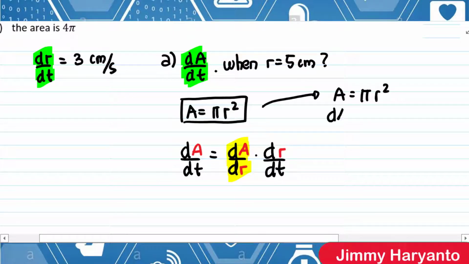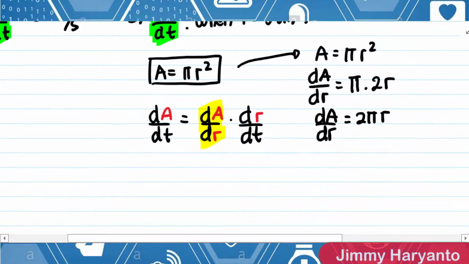So you will have dA over dr equals pi times the derivative of r squared. The r squared is differentiated into 2r. So you will have dA over dr equals 2 pi r.